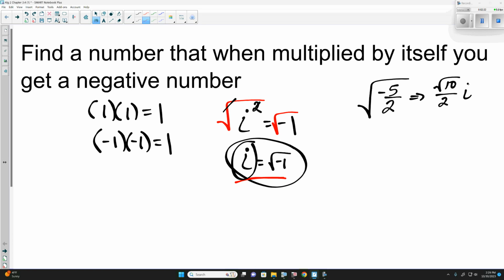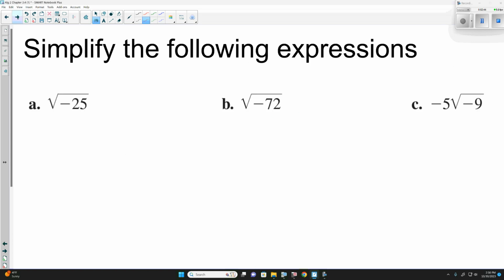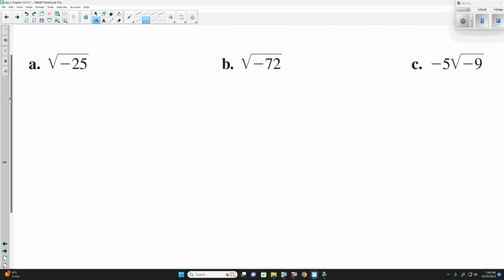So it would have been plus or minus the square root of 10 over 2 i that we'd end up getting. So that's where these non-real solutions come in, because i is an imaginary number. That's why we don't have any real solutions for those, because i is imaginary. It's a complex number.